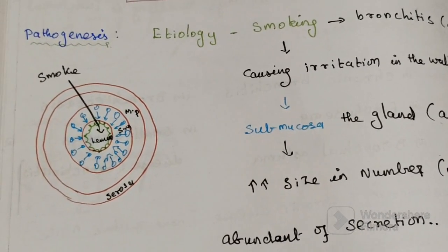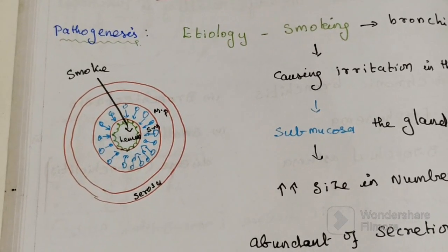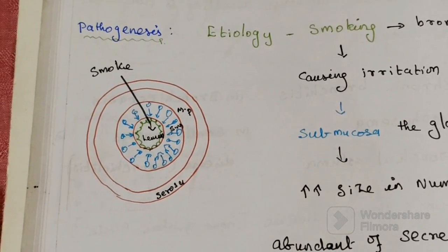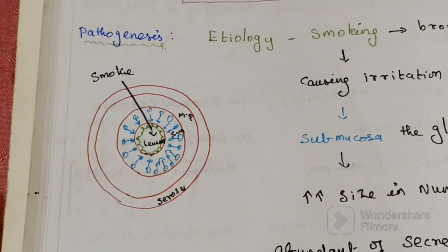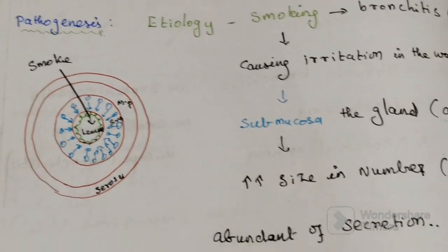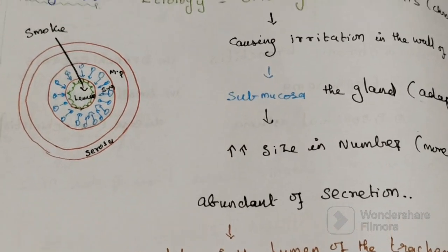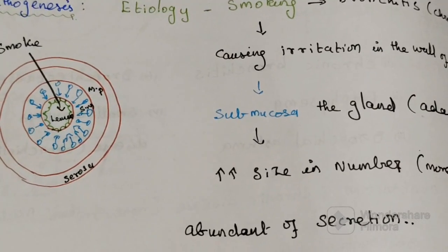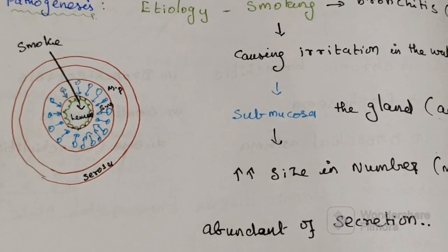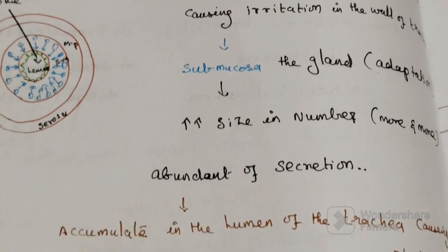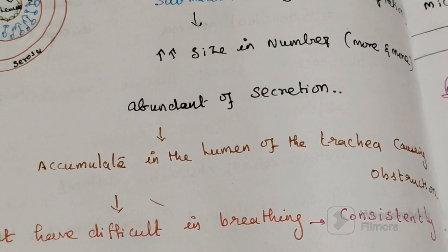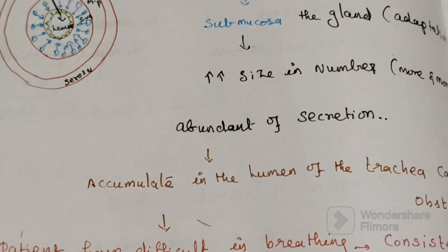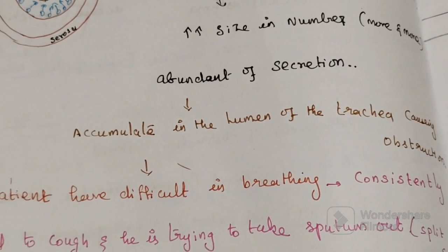What is the normal function of this gland? The gland forms secretion. Since the gland number and size are both increased, there is more and more abundant secretion. All of this secretion accumulates in the lumen of the trachea and causes obstruction. So what is the cause of obstruction? Over secretion by the gland.